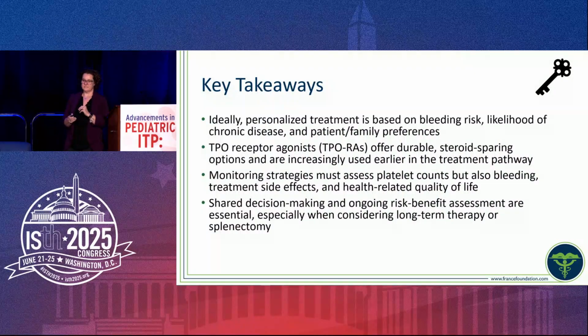Monitoring strategies should look at not only the platelet count, but also bleeding symptoms, side effects, health-related quality of life, and whether or not your patient is happy and satisfied with the response they're getting to the medication, regardless of what the platelet count might be doing. And it's really important to continue that shared decision-making.